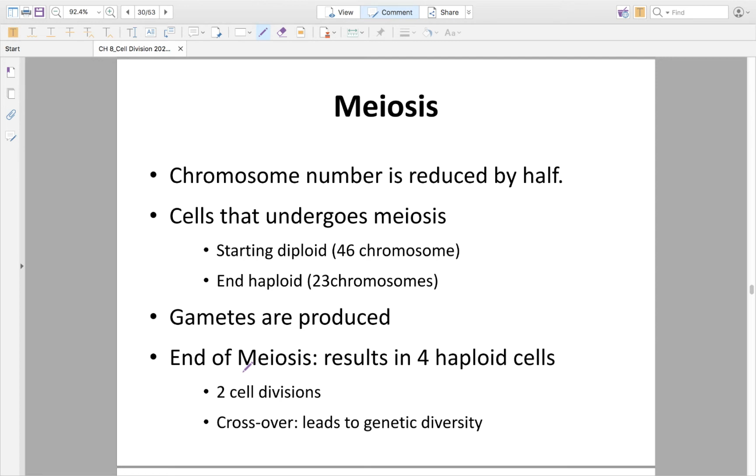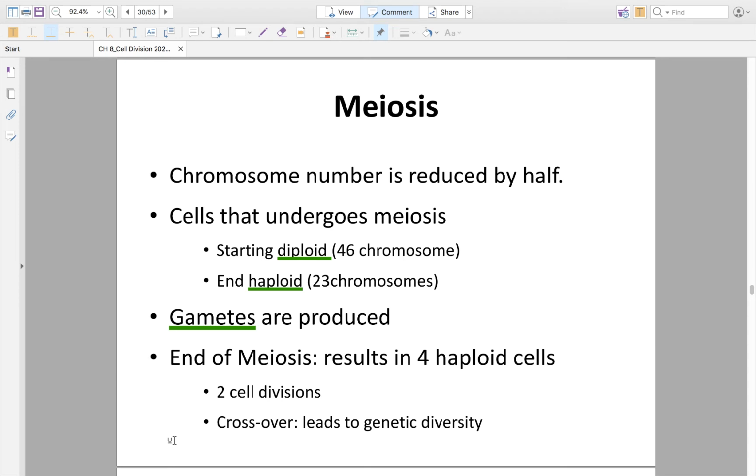So meiosis is taking our chromosome set, our diploid set, and reducing it by half. A human cell that's going to go through meiosis is going to start off as a diploid cell and end as a haploid cell. And this is how the gametes are produced.